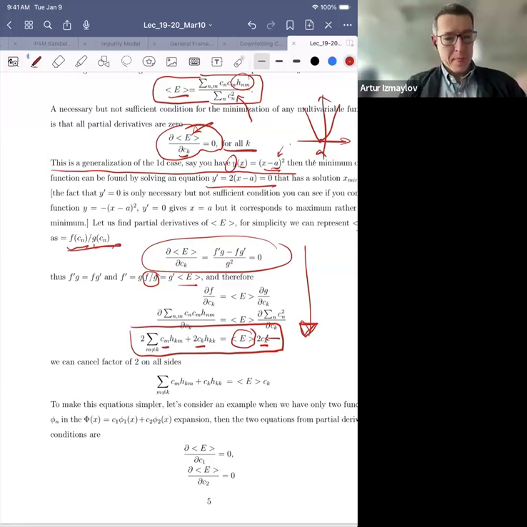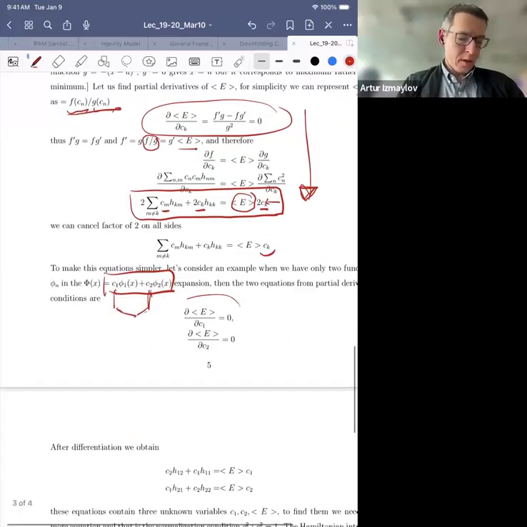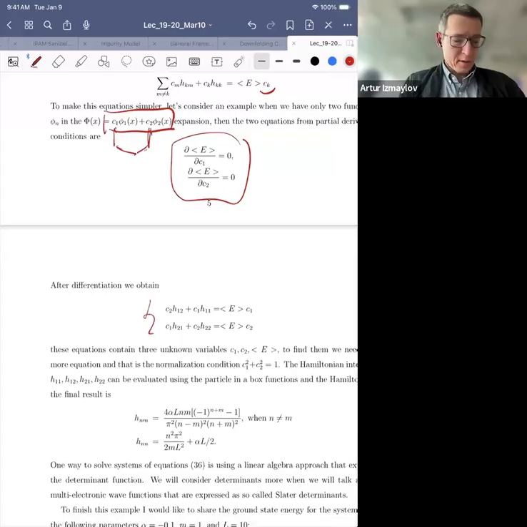Okay, so continuing, in this case of two functions, we have C1 and C2 as variables, and the system of equations that we get looks very simple.